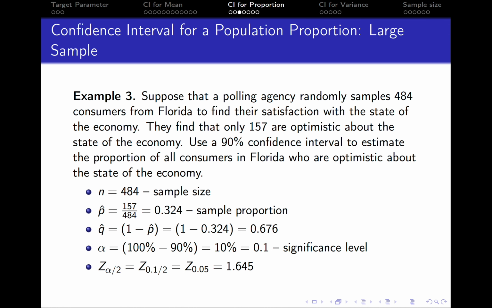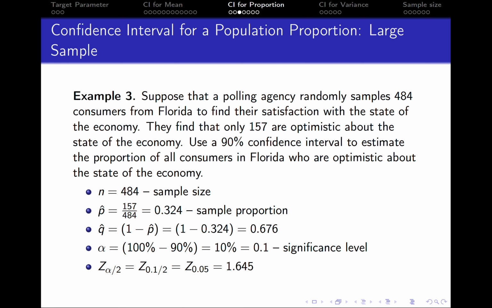Use a 90% confidence interval to estimate the proportion of all consumers in Florida who are optimistic about the state of the economy. So we can get the following information out of this description. First of all, the sample size is 484 consumers, and we also know that 157 out of these 484 are optimistic about the state of the economy.